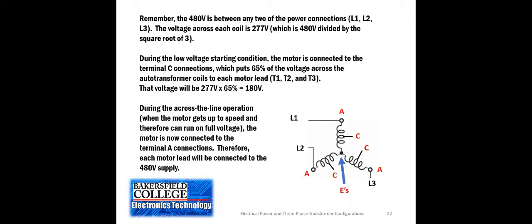And you've heard that before, so this shouldn't be brand new to you. But if we take 277 and multiply it by 65%, which at point C, between C and E, is 65% of the total turns of wire in each coil, that'll be 180 volts.